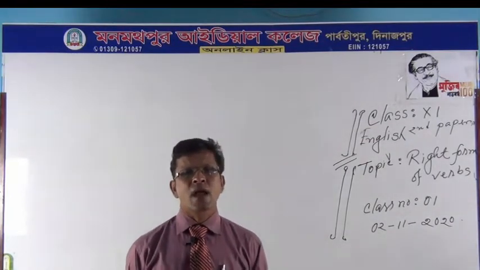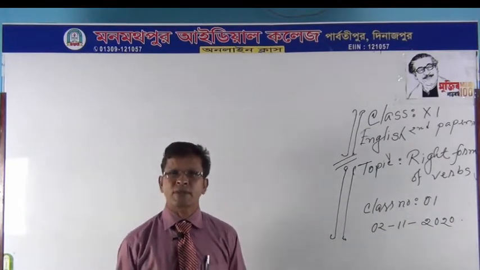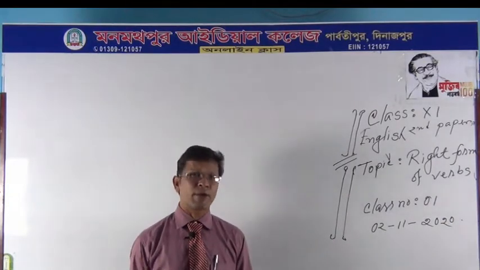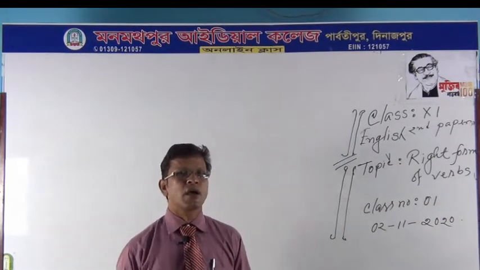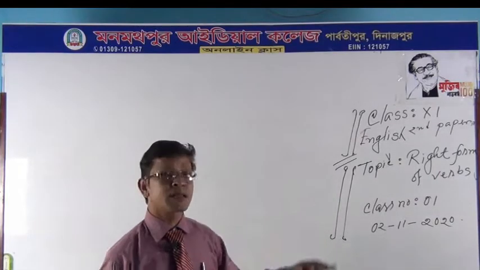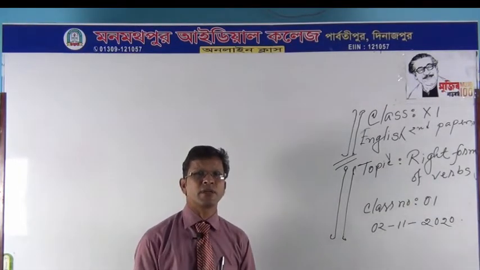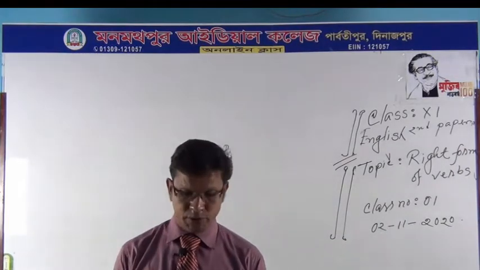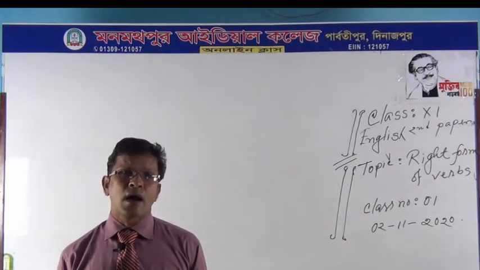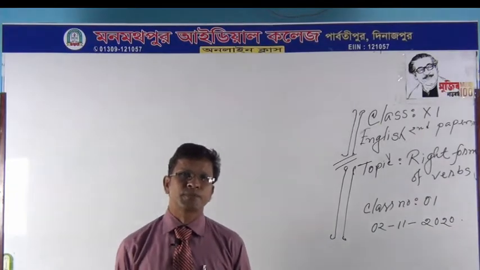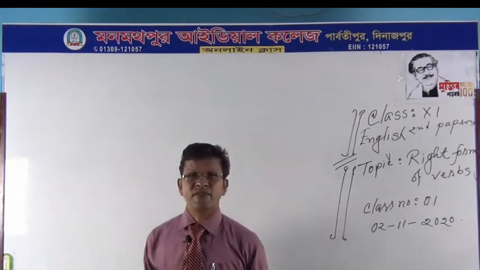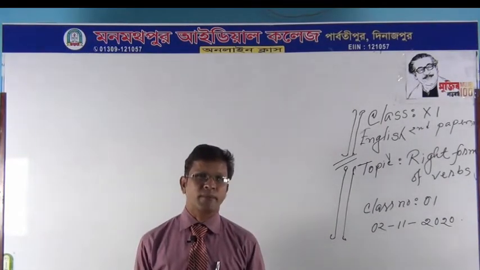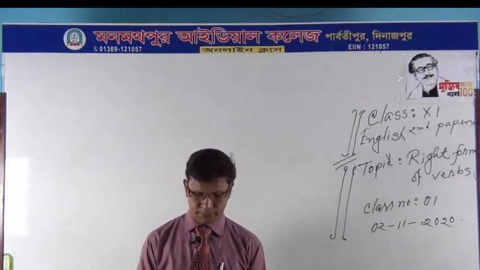Actually, every item of your second paper, grammatical items especially, contains 5 marks each. So dear students, no more delay, come to the main point. I am going to discuss the rules of the right form of the verbs one by one. Okay?